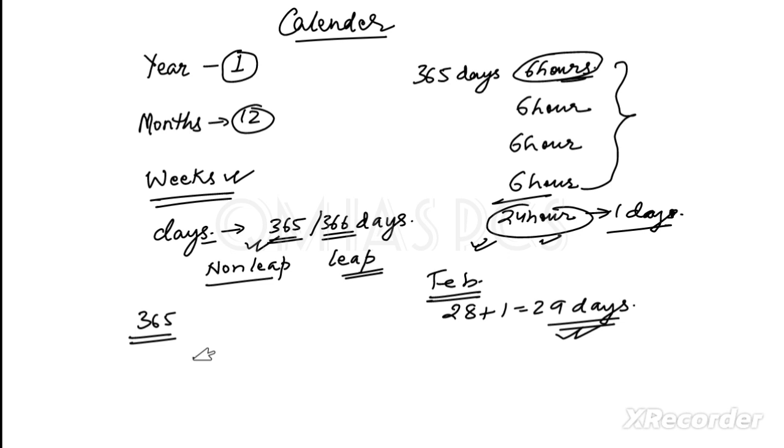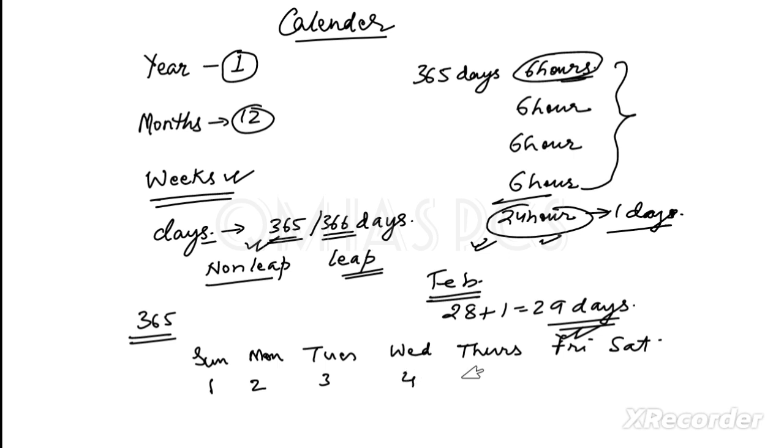Like this is Sunday, this is Monday, Tuesday, Wednesday, Thursday, Friday and Saturday. I'm just considering this as 1, 2, 3, 4, 5, 6, 7.